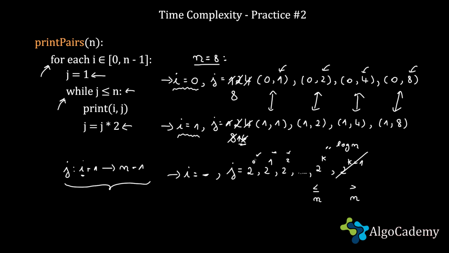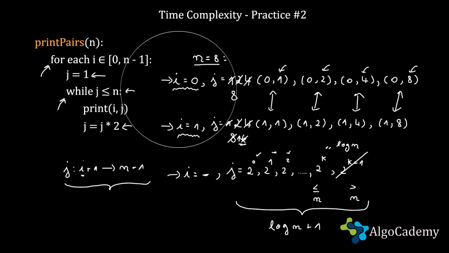How many different exponents? Log n plus 1, right? So for each value of i, no matter what is the value of i, we don't care about that, we have log n plus 1 iterations or different values of j, right? So let me just clear a little bit here to make some room and write here log n plus 1.